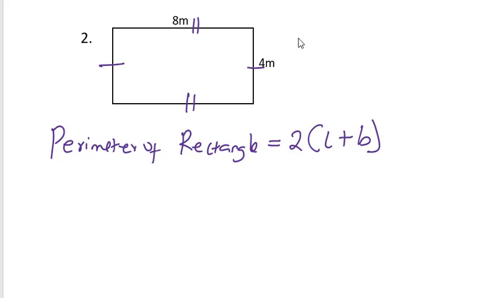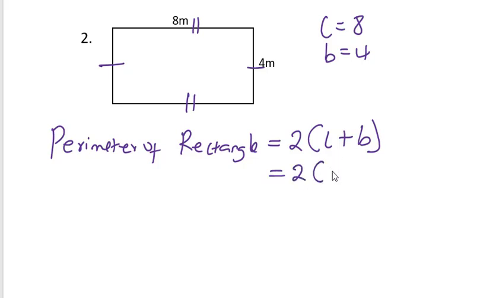But before that, you know what is L, right? What is L? This long side, which is 8. So L is 8, and B is equal to 4. B or W, but I'm using B, it's the same thing.